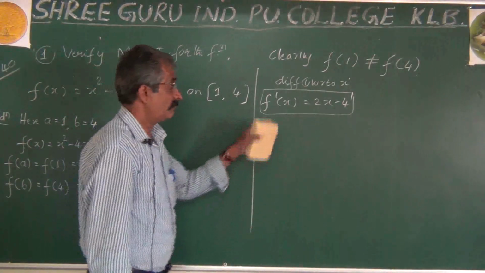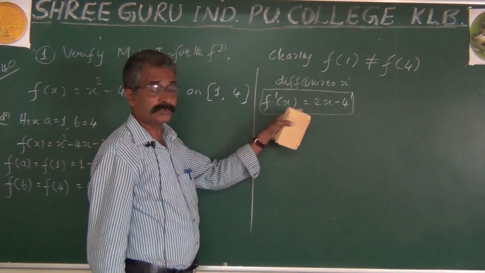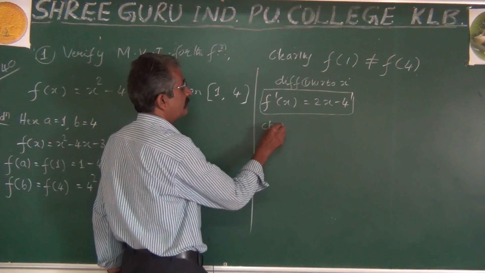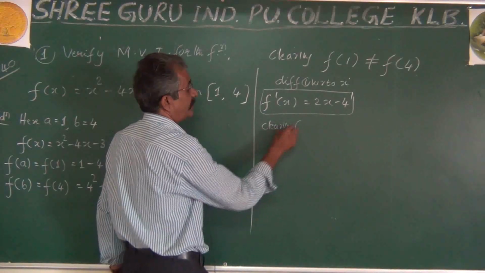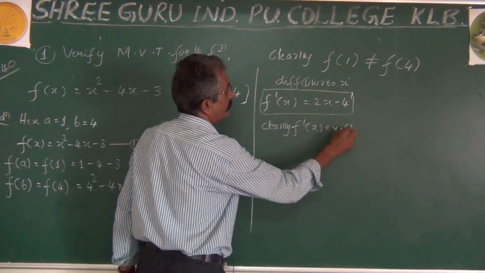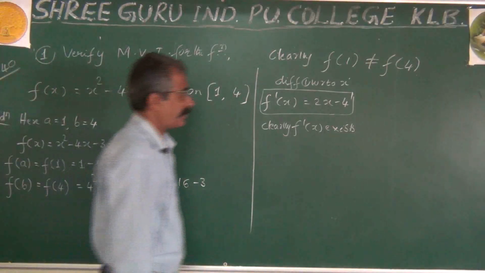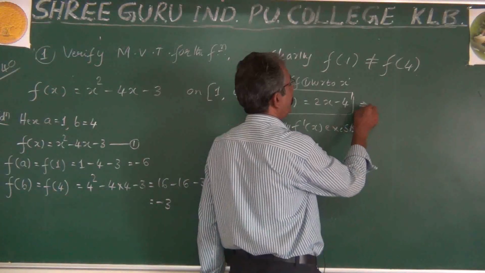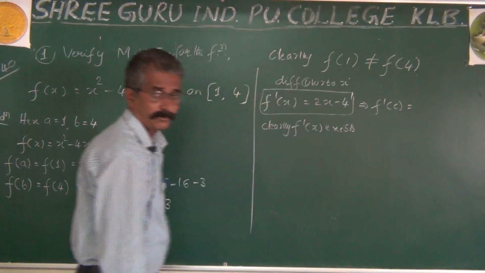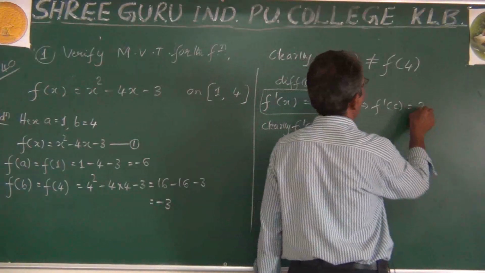What we can have very clearly, f dash x exists. No question of 0 by 0 form. Right? Clearly, f dash x exists. Also at the same time you can write down yourself, which implies f dash of c. It's not necessary to say every time. You have to manage it yourself. f dash of c becomes 2c minus 4.